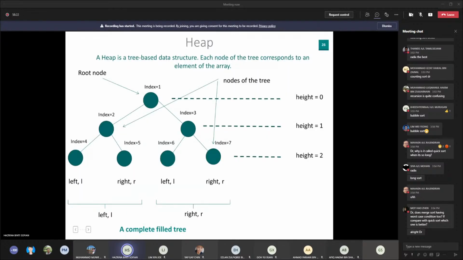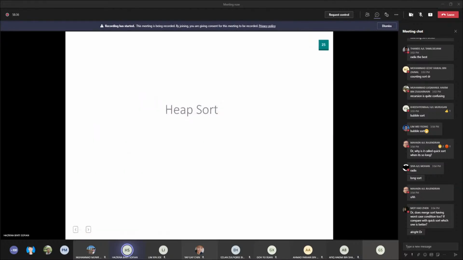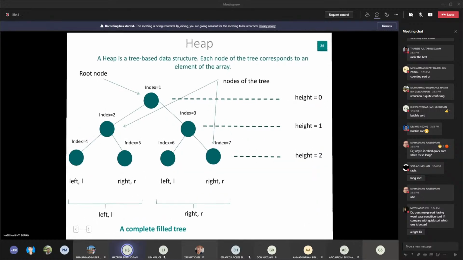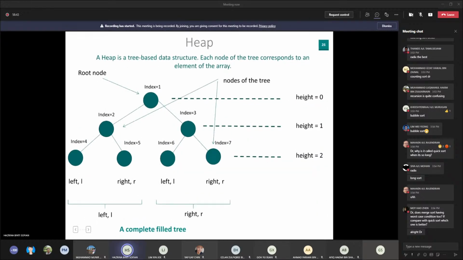So heap is a tree-based data structure. Each node of the tree corresponds to an element of the array. So let's say just now we had the elements from our quick sort: 2, 3, 5, 6, 8, 10, 11, 13, right?